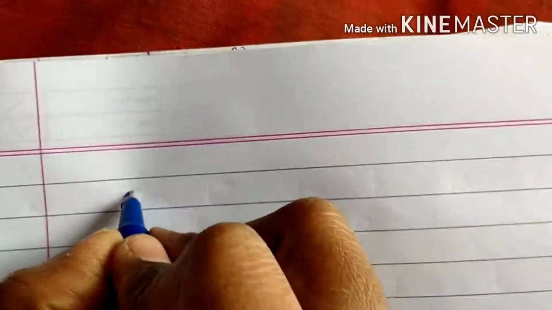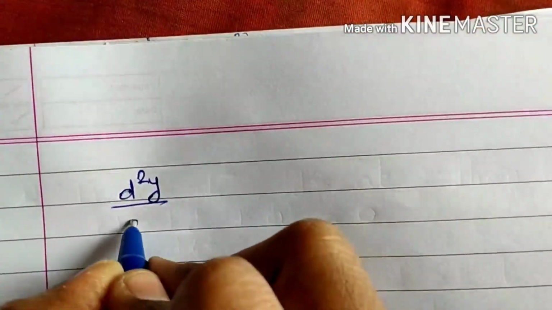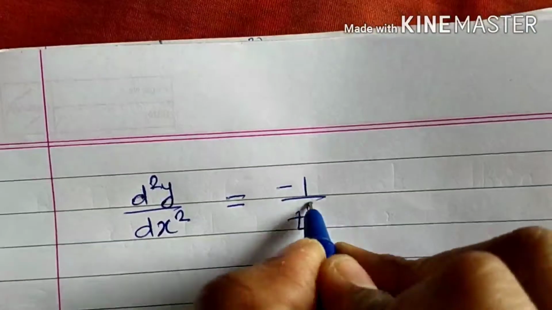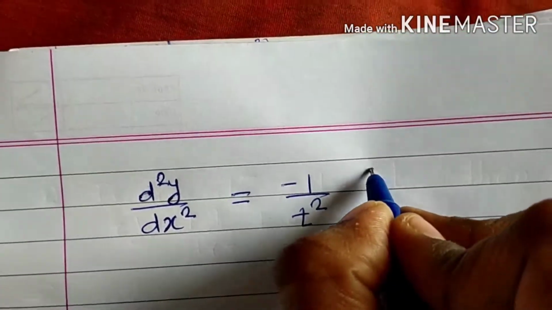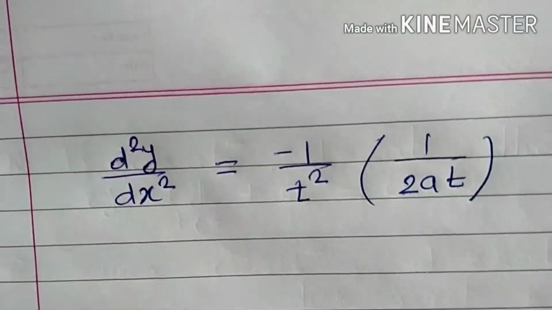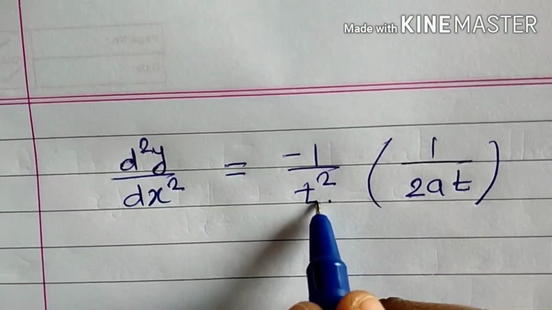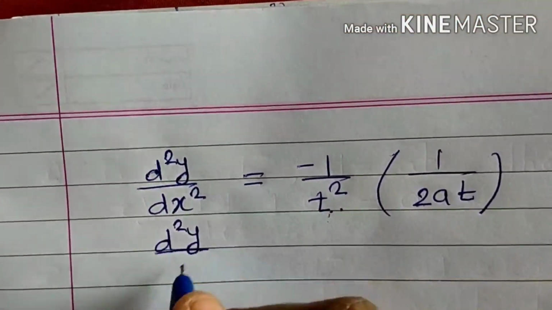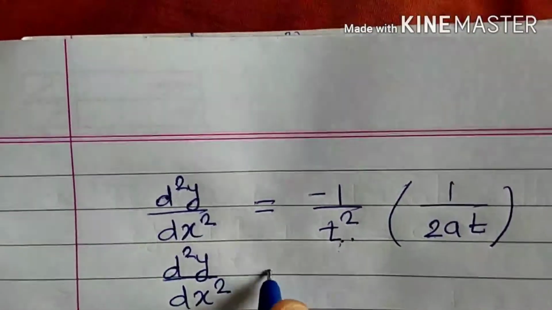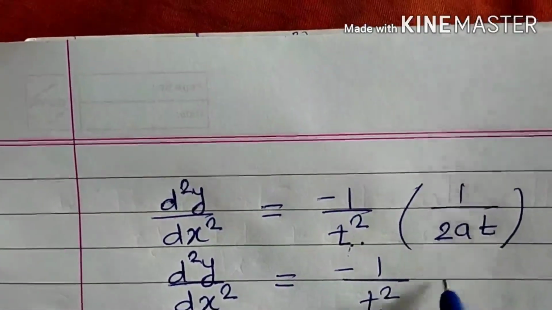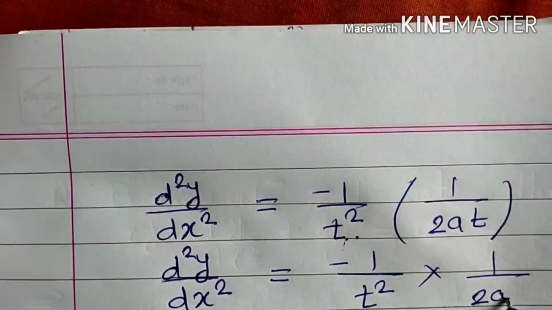Put the values: d2y upon dx square is equal to minus 1 upon t square, and this 1 upon 2at. Student, remember we have to remove this t because t is the parameter. So it is minus 1 upon t square into 1 upon 2at.